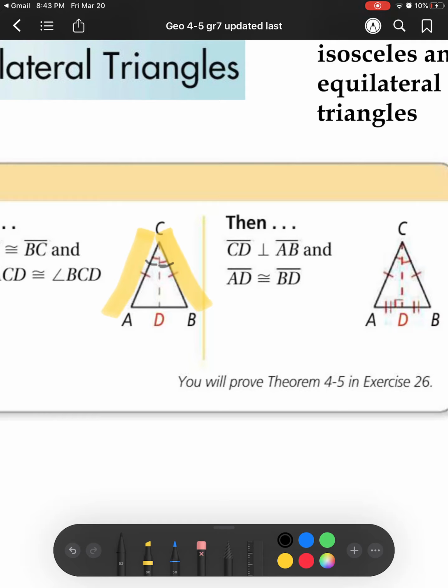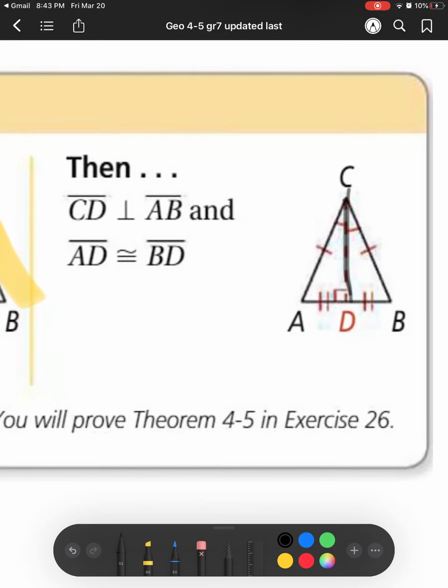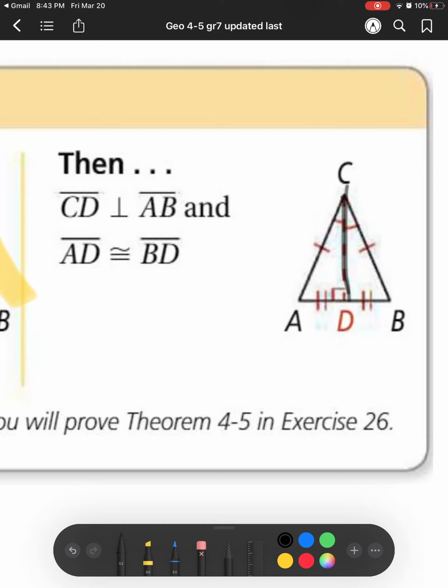The result is that this line, which is the CD that we draw in here, is perpendicular and a bisector to what? To the base. What information can I get from this? Since it is perpendicular, the two angles in here are 90 degrees.